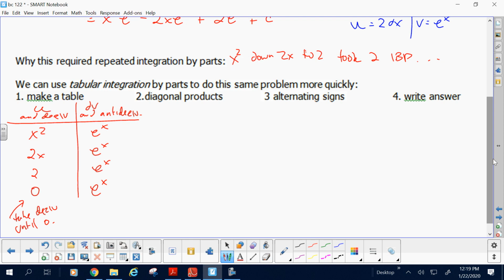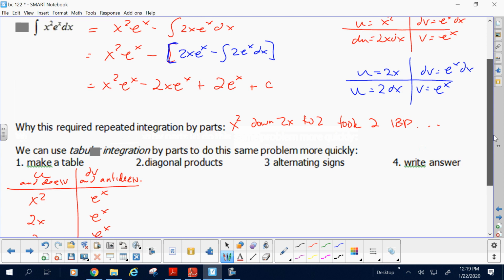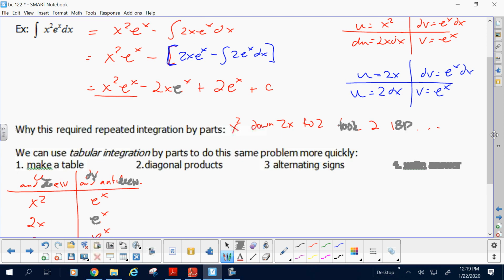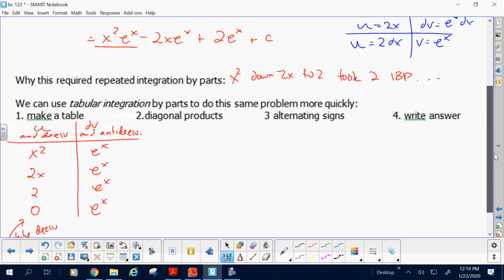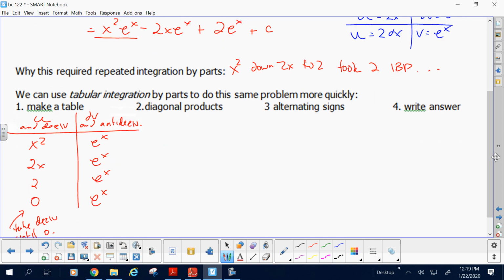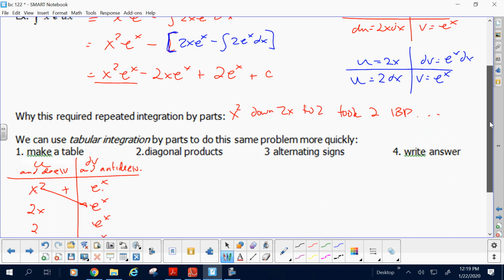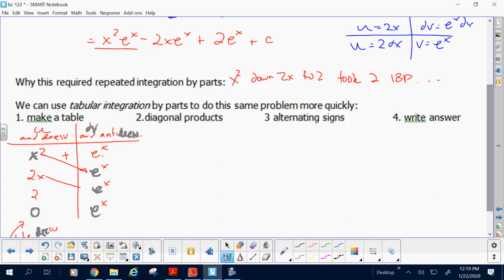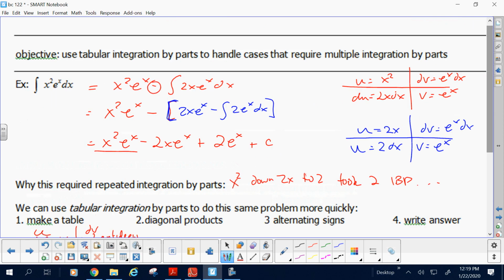All right. Now, I think you'll agree that in our answer, the first part of our answer was the uv. Yeah? Now that actually is, this is the u, but isn't v this? Yeah. This would be v. So that's your first product, and it's positive. 2x e to the x came from the second time through, and it was negative. Now that's by virtue of that negative in the integration by parts formula.